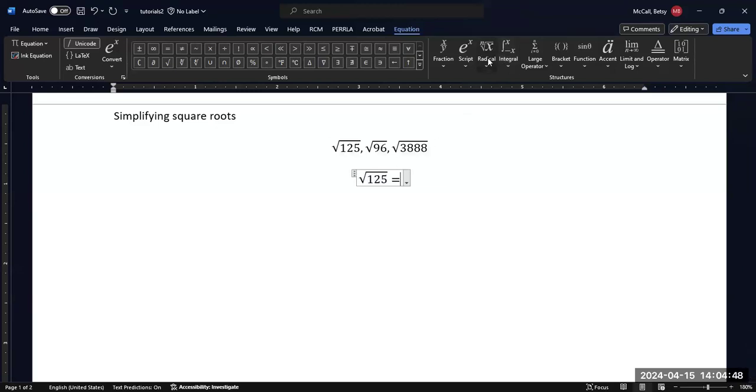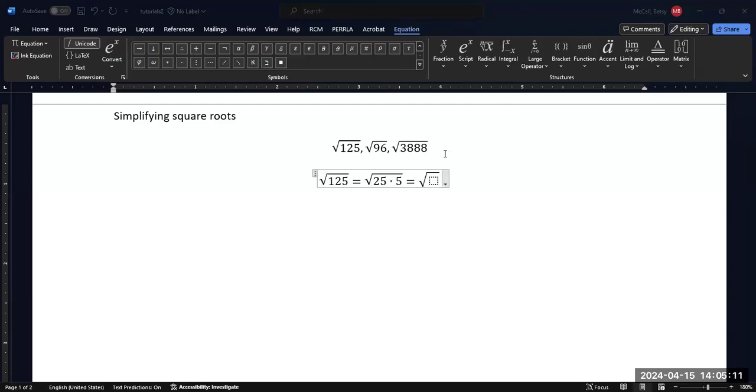Now, the square root of 125 has factors of 25 and 5. And so what we can do is split this into two square roots: the square root of 25 times the square root of 5.